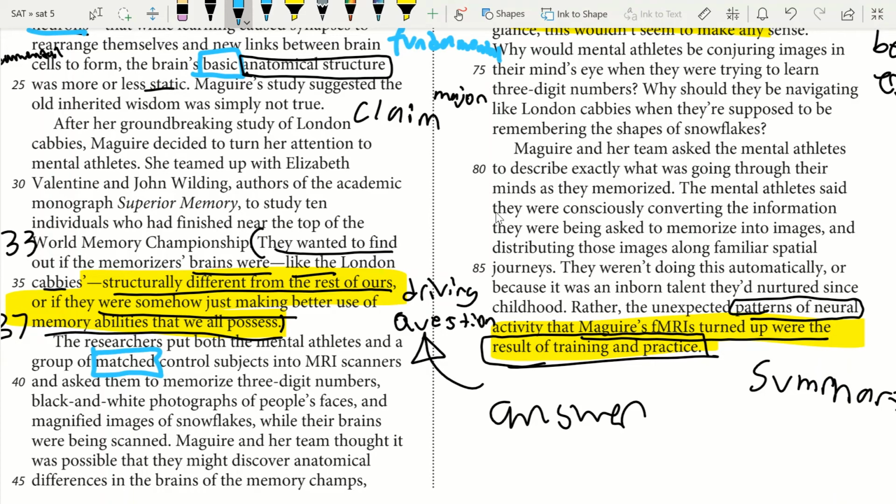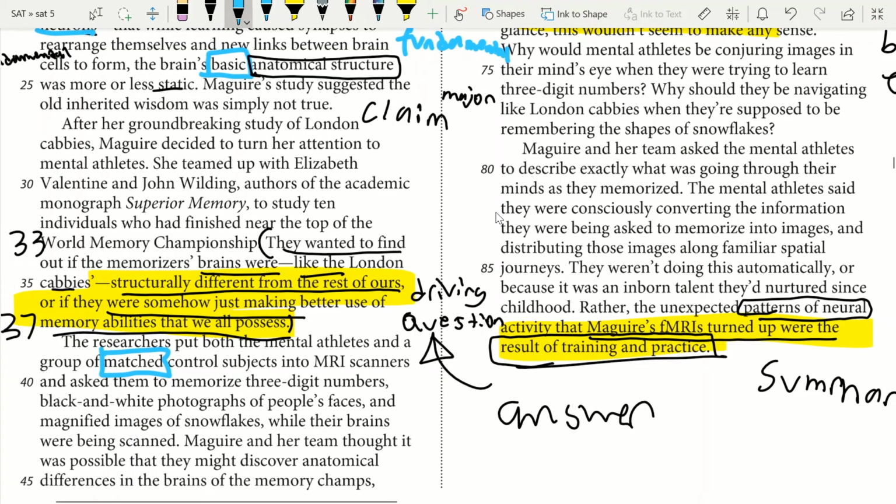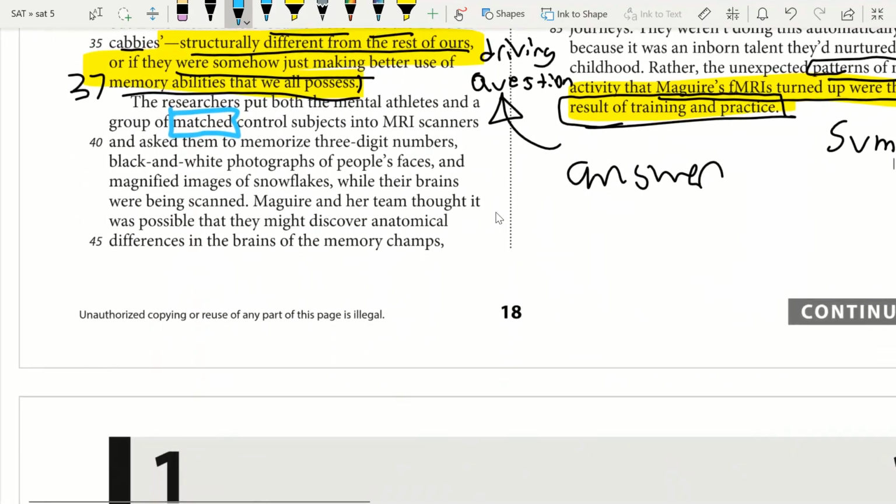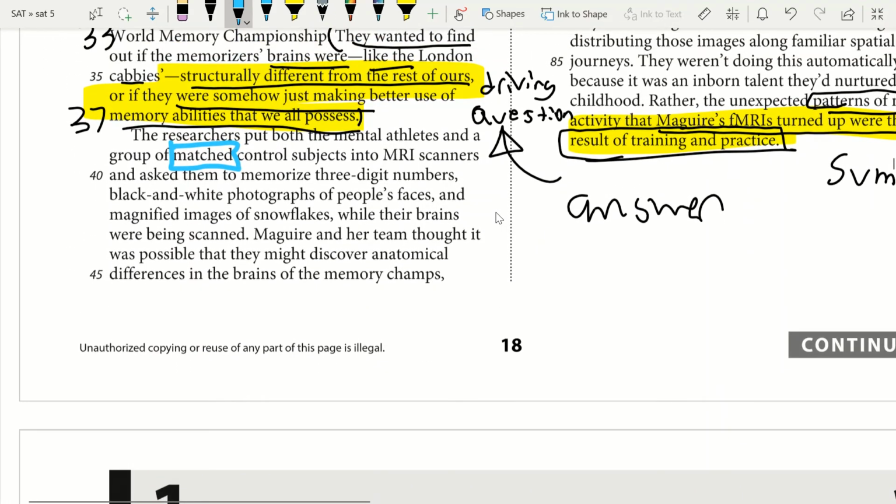Okay, so one thing you really need to know to get this right is what a control subject is, okay? Control subjects are subjects that are similar to the mental athletes in this case. Control subjects are meant to be very, very similar to whatever subjects we are studying. So whatever our different thing is, the control subjects are going to want to be as close to them as they can. They really only want to lack that subtle difference that makes them the difference.